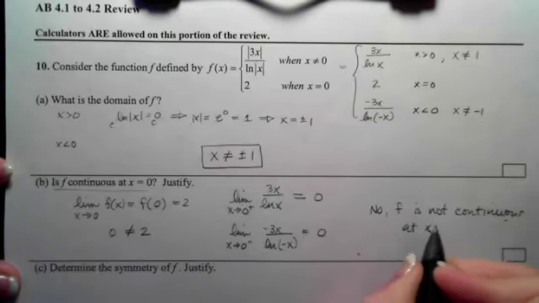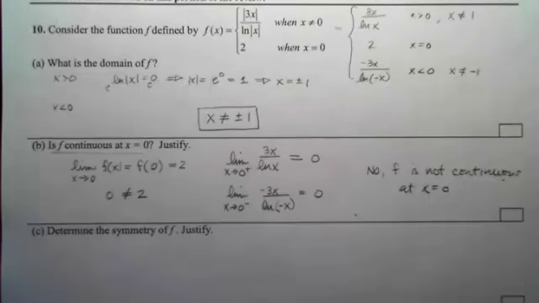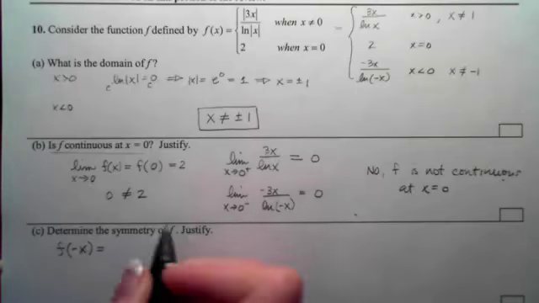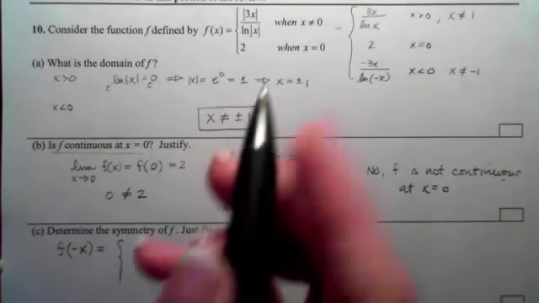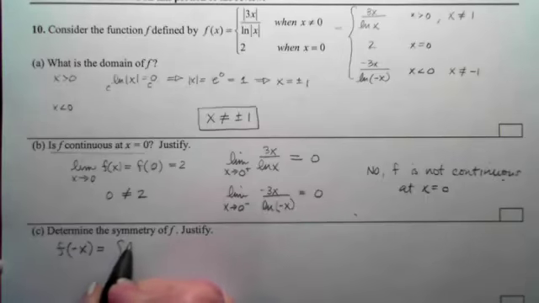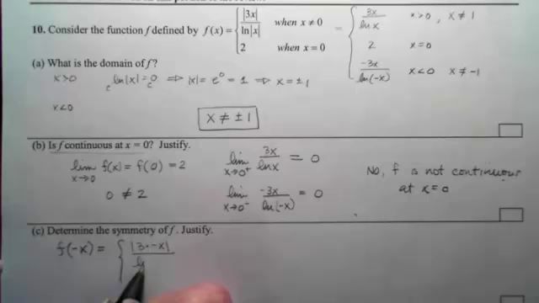Okay, next part C, we want to determine the symmetry. Well, the symmetry we can examine by looking at the opposite of x plugged into f. If I plug that in, we'll just look at the original function. I will get the absolute value of 3 times a negative x over the log natural of the absolute value of a negative x.